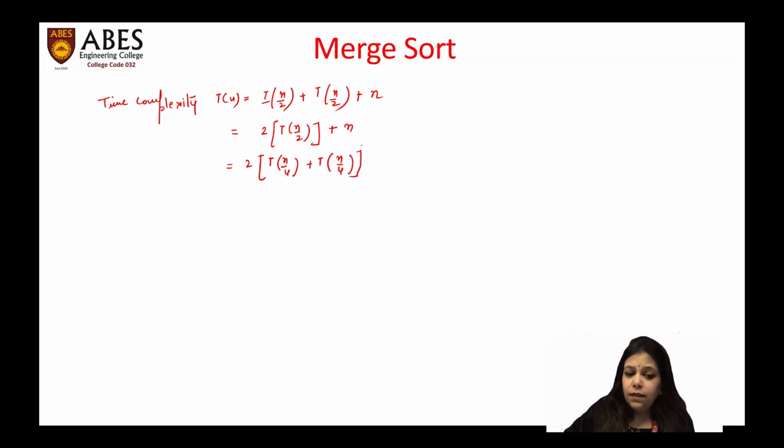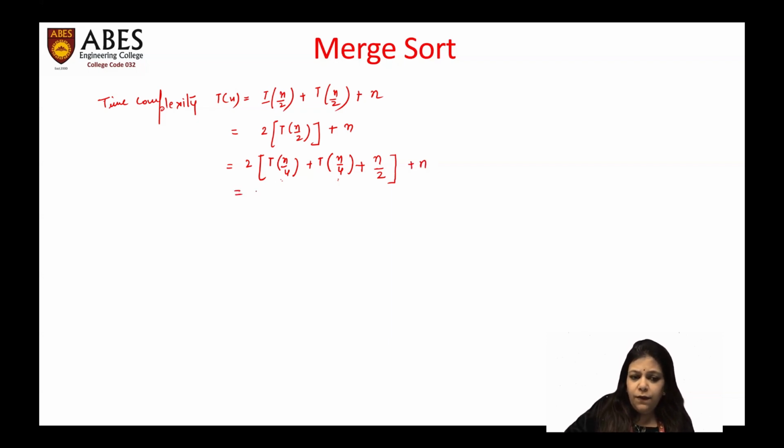right? And the time required to merge these two arrays of n by 2 size will again require n by 2 cost plus n.